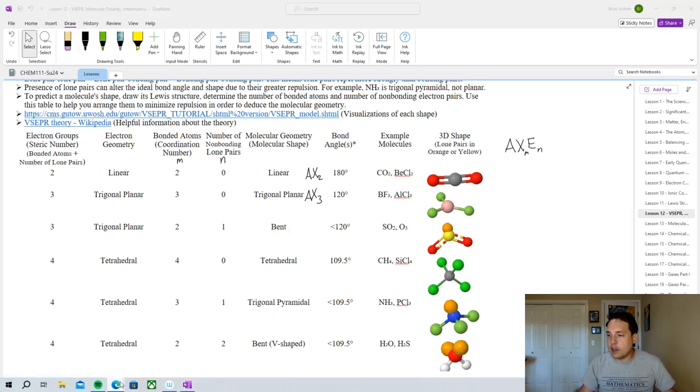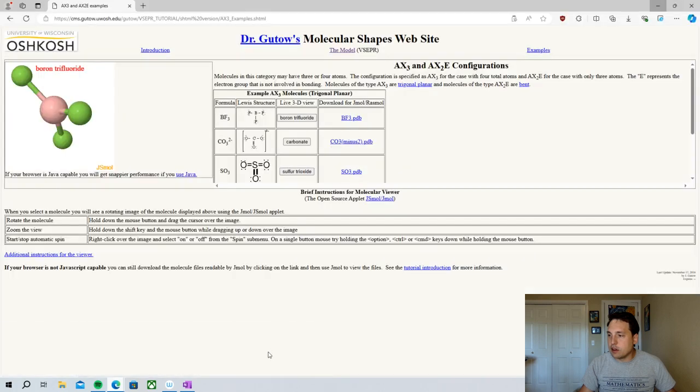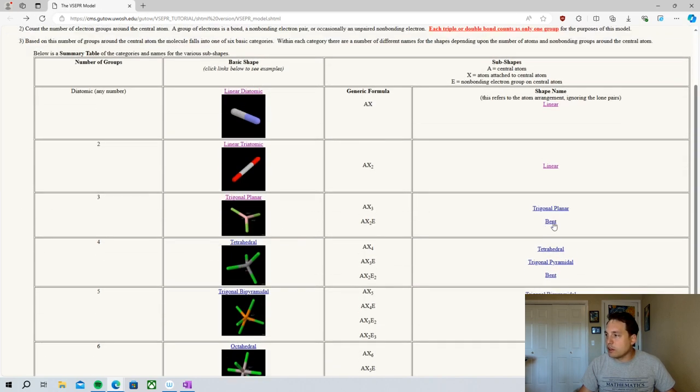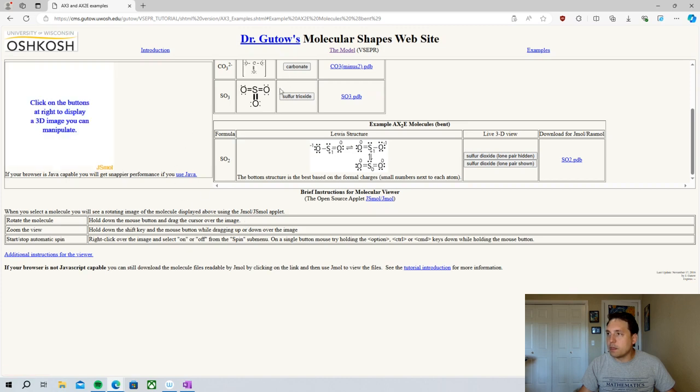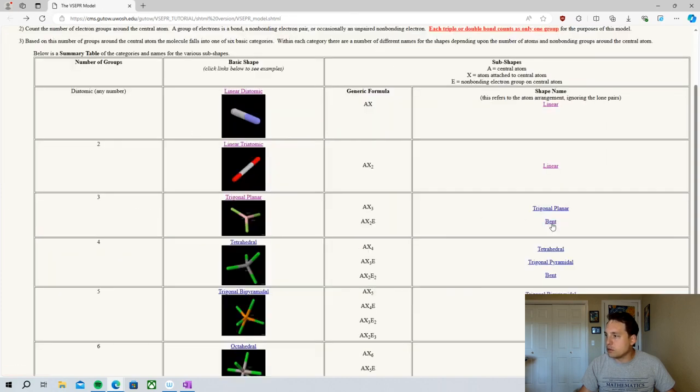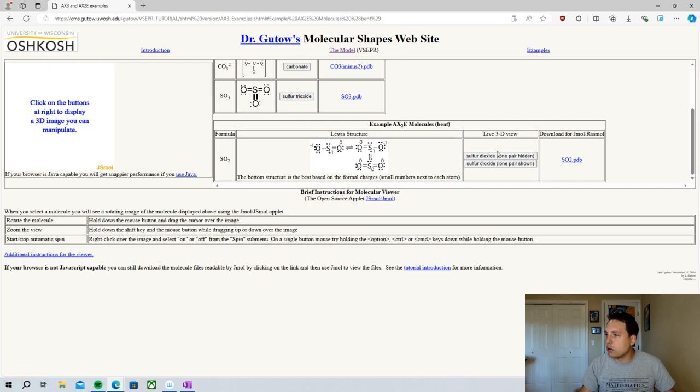Now, one thing that can happen is instead of having 2 atoms on the central atom, or 3 atoms on the central atom, we can have 2 atoms and a lone pair. For example, sulfur dioxide has this type of bent geometry.